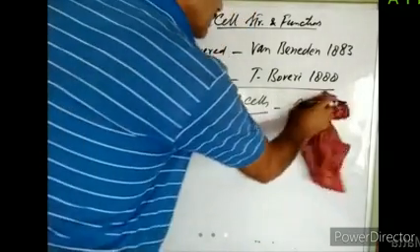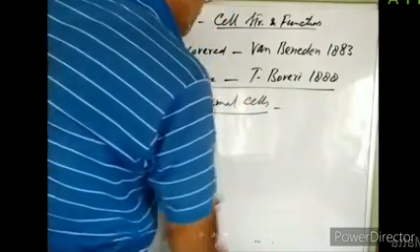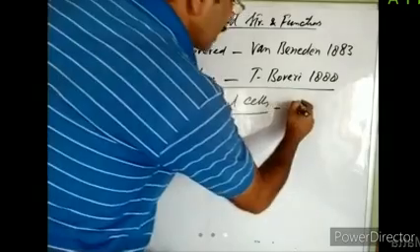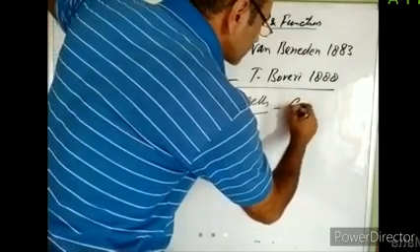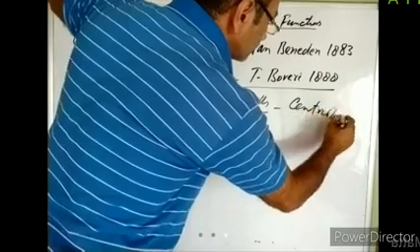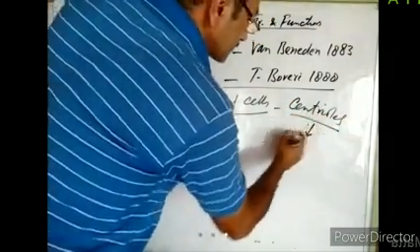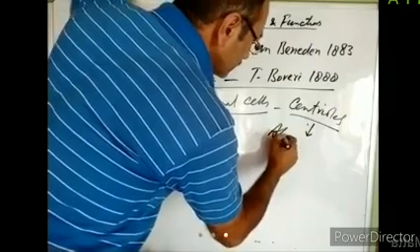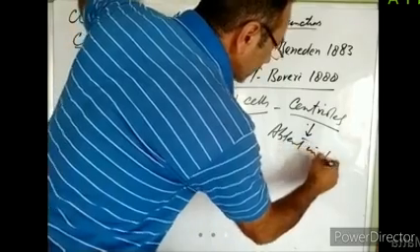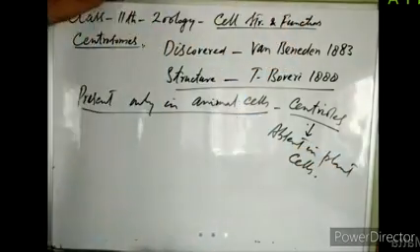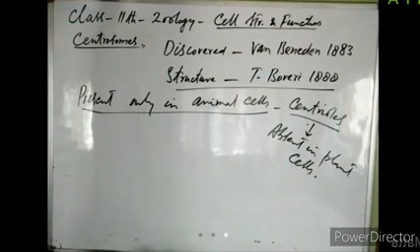Sorry, they are present in animal cells, and in animal cells they also have centrioles in them. Centrioles are absent in plant cells. So in animal cells, we have centrosomes.